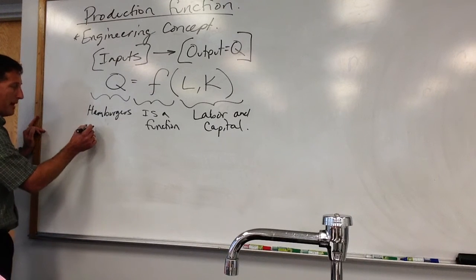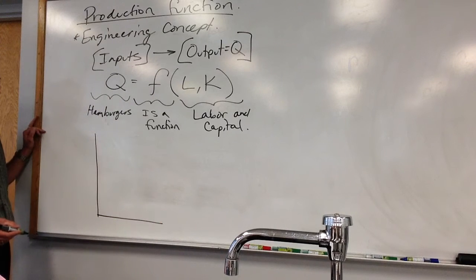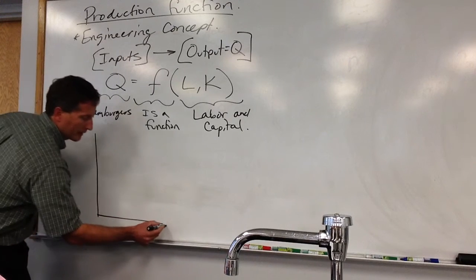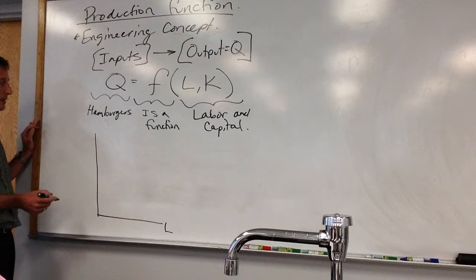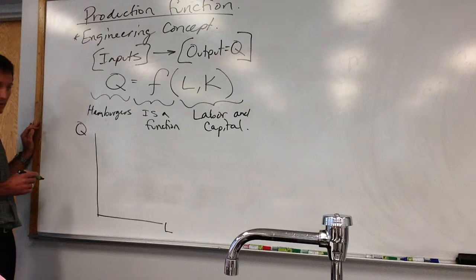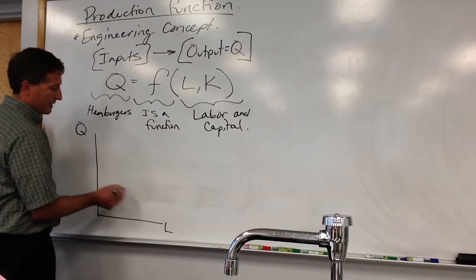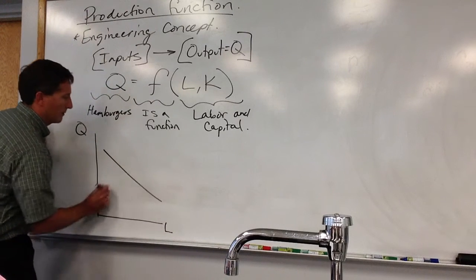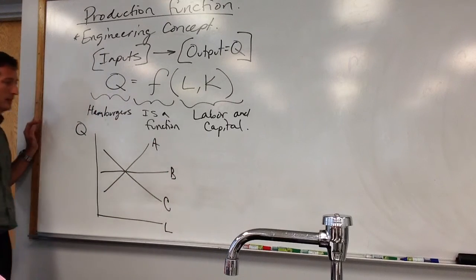If we were to graph that relationship by putting labor on the horizontal axis and hamburgers on the vertical axis, what would this thing look like? Would it look more like function A, B, or C?